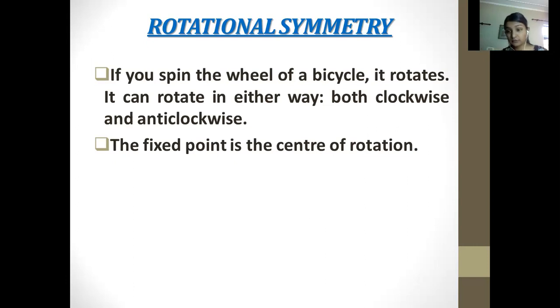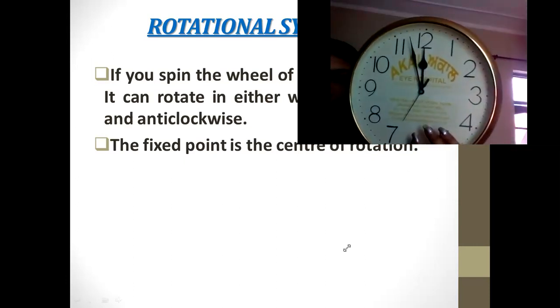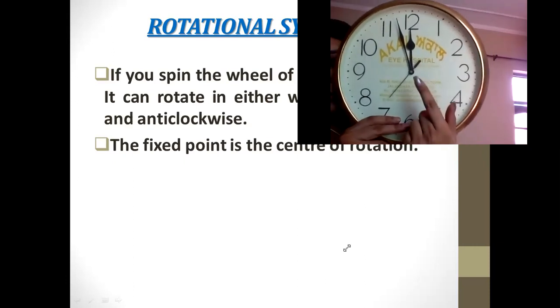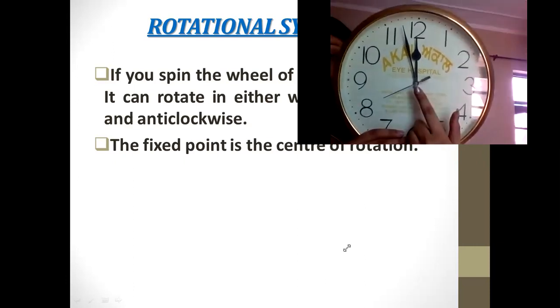Now let me give you more examples for the clock only. Here we have a center point on the clock. You can see that. Let me increase the size. We have to understand about the center of rotation. Here you can see that we have a clock which has a center point, isn't it? This center point is the center of rotation.